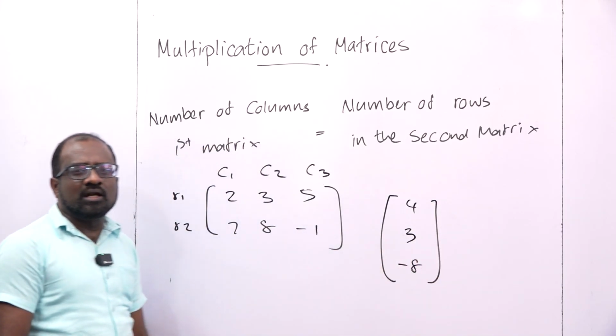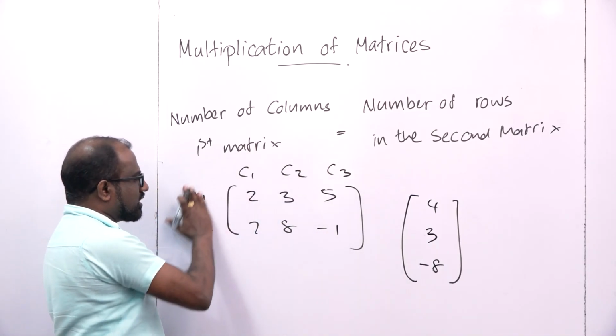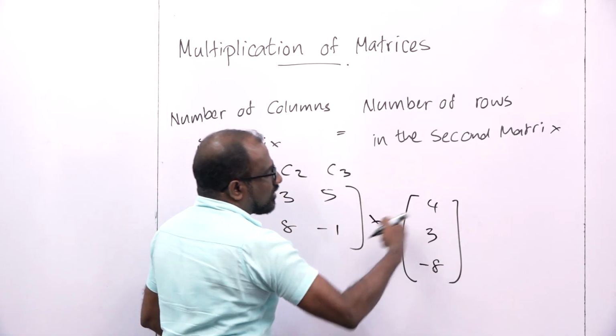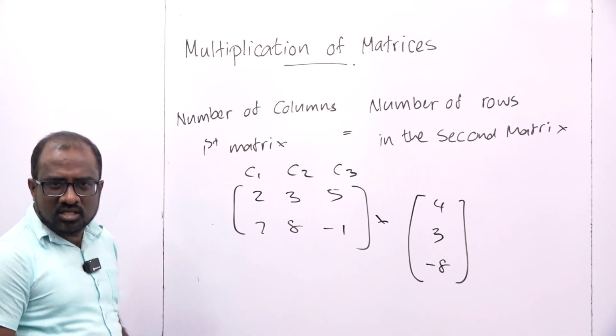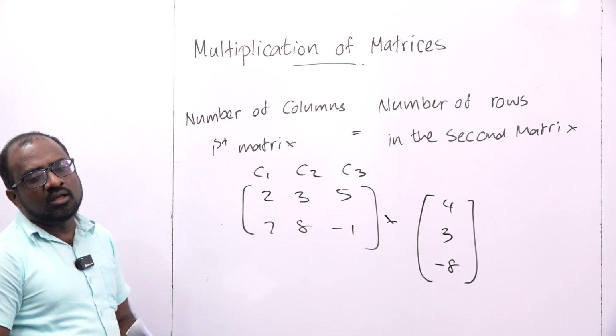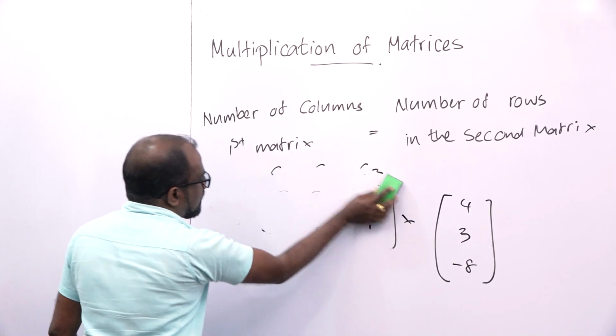Even this matrix you can multiply. Why? There are 3 columns in the first matrix and 3 rows in the second matrix, so these two matrices can be multiplied. That is the condition for multiplying two matrices. We'll discuss some examples.